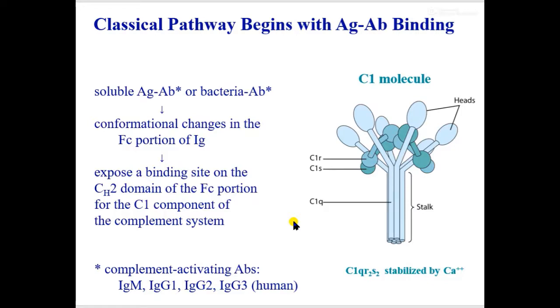So once C1q is bound at two sites, you can see it has two heads. When either one IgM or two IgGs get bound to this by the Fc portion, the C1q gets activated.